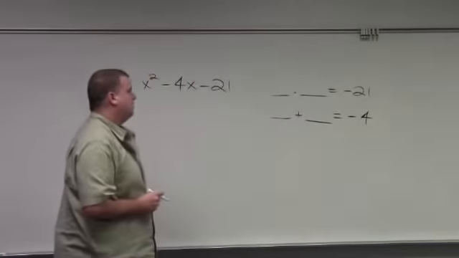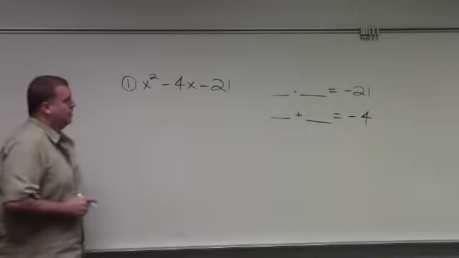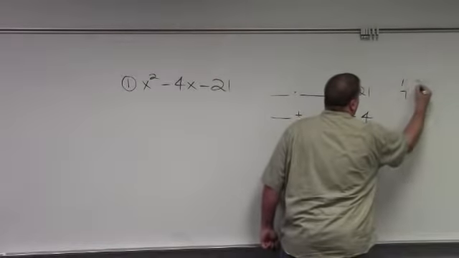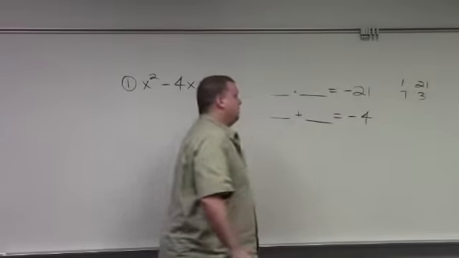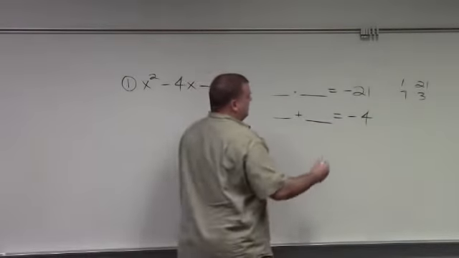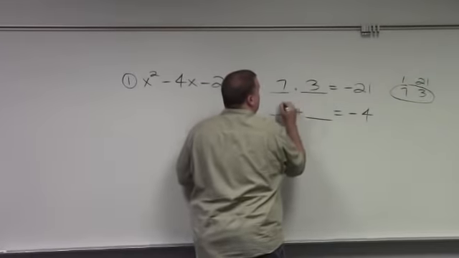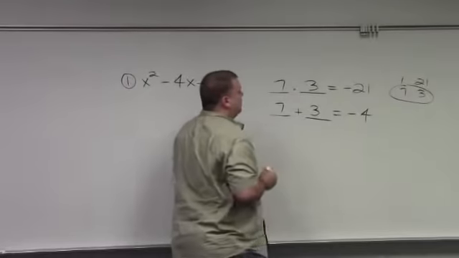What are some numbers that multiply to give us 21? 7 and 3. There's also 1 and 21. Which pairing is really going to work here? 7 and 3. And how do we have to order the signs?